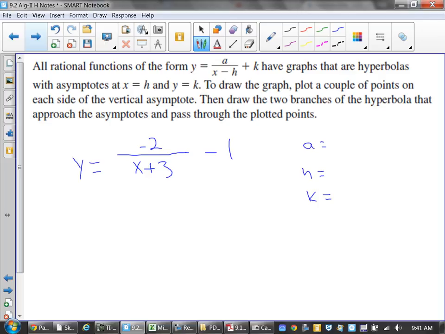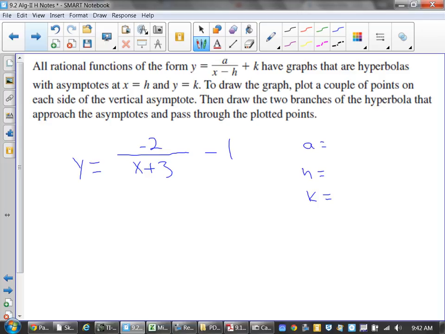If you remember, your h and k were your horizontal and vertical shifts. Now they are playing the roles of asymptotes. You're no longer going to take an equation that's centered around the origin, where h and k would both be 0. You're going to move them left and right, up and down.